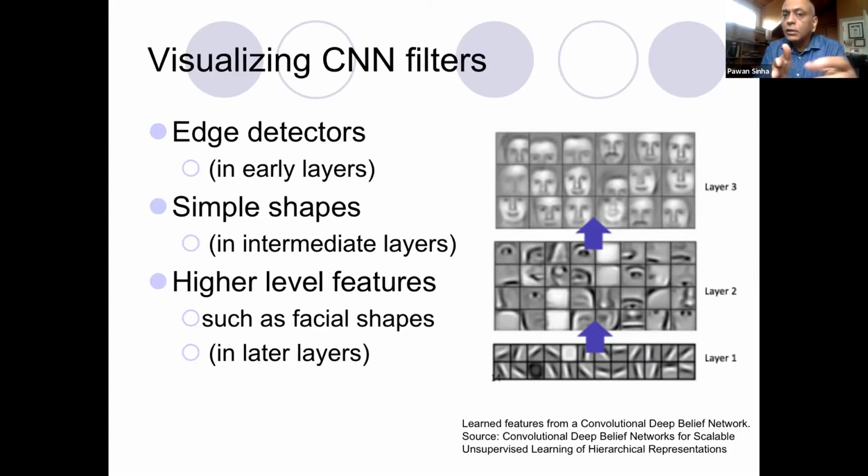Whereas a simple cell is very tied not only to the orientation, but also the precise location of the bar. So a complex cell can be thought of as arising from max pooling applied across multiple simple cells, and thereby the complex cell gains a level of translation invariance. So these ideas in the convolutional and max pooling layers of deep networks are very analogous to the kinds of known physiology in the mammalian visual cortex.